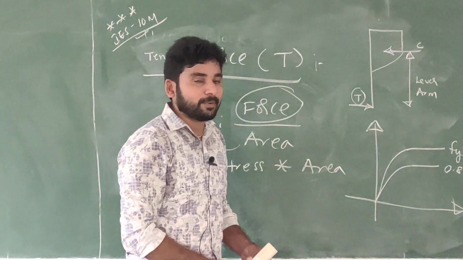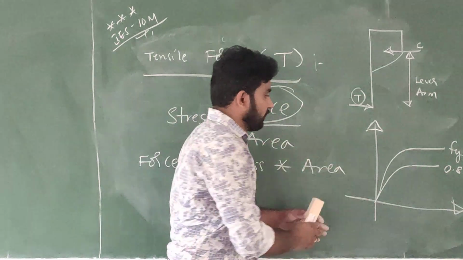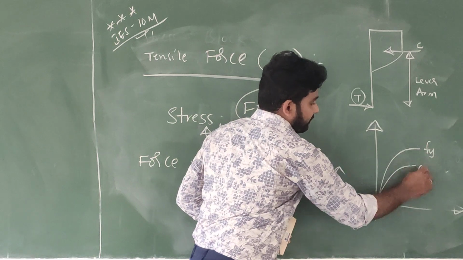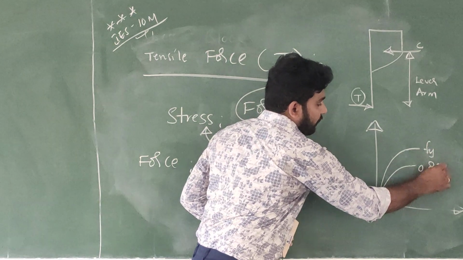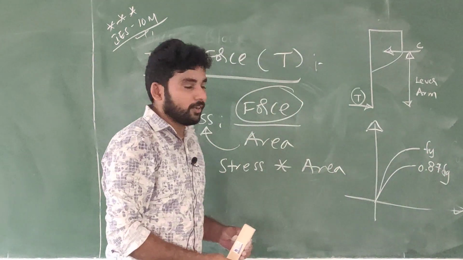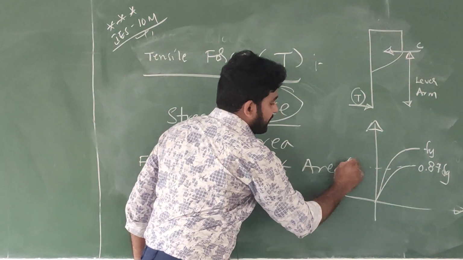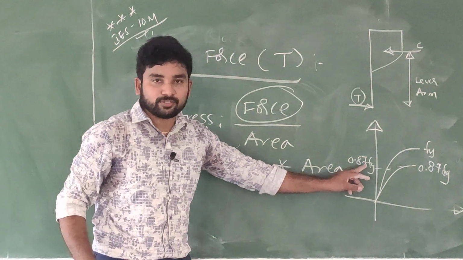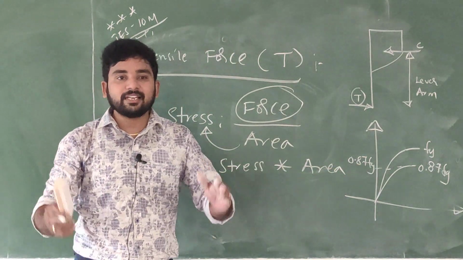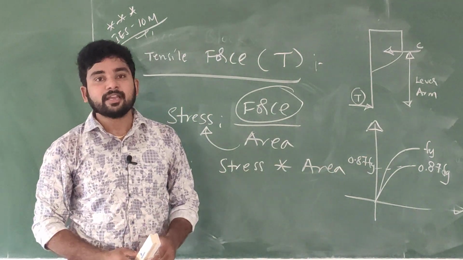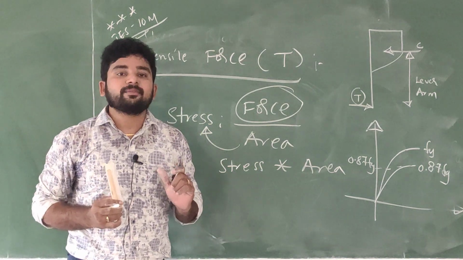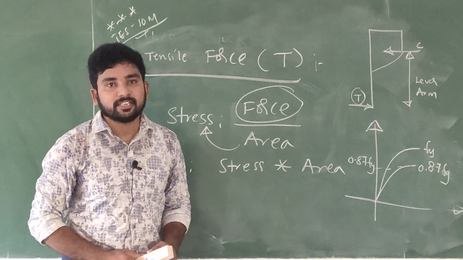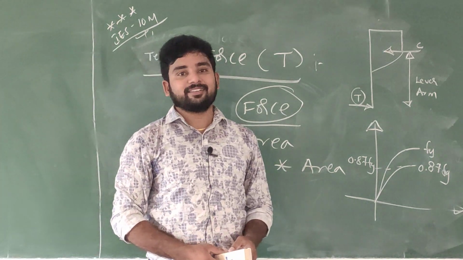How am I applying this partial safety factor? 1.15. Now my design stress is 0.87 Fy. This much stress only I am considering. Practically it is giving 100%, but of my steel strength I am considering only 87%, 13% I am neglecting.